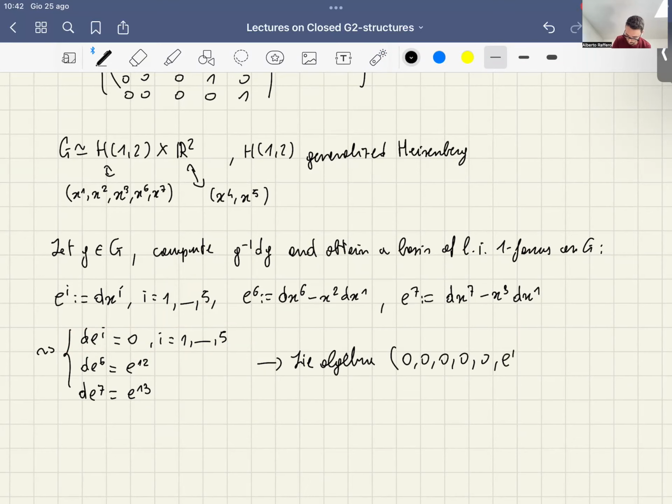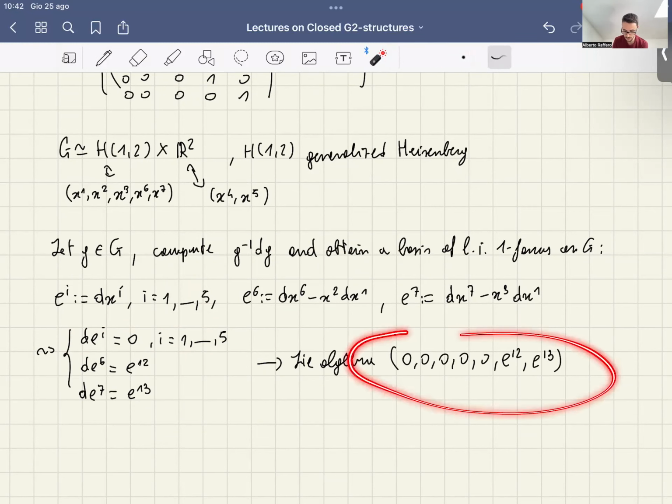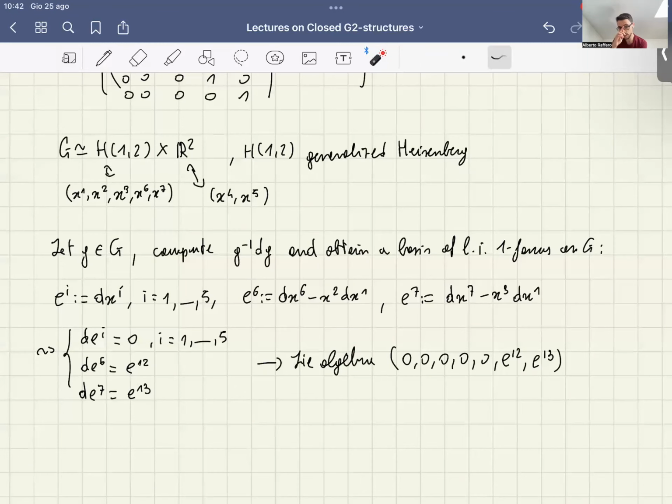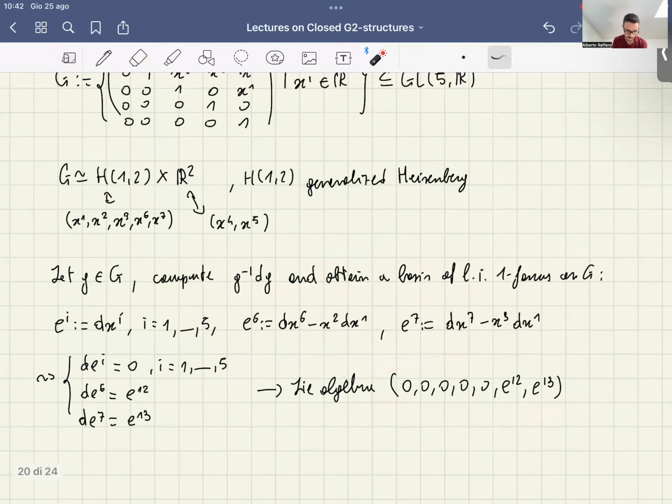Then you have e12, which is the differential of e6, and you have e13, which is the differential of e7. So this is a common notation that you can find in the literature to denote the isomorphism class of a Lie algebra. So the Lie algebra of this group belongs to this isomorphism class, and moreover, this is two-step nilpotent.